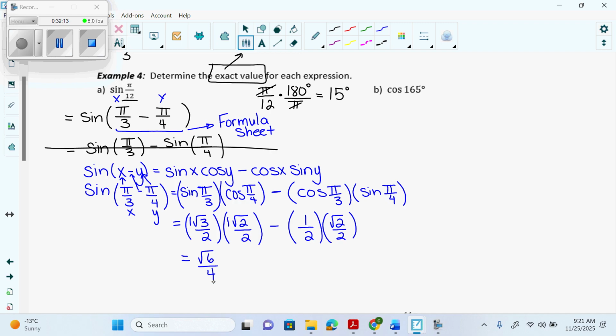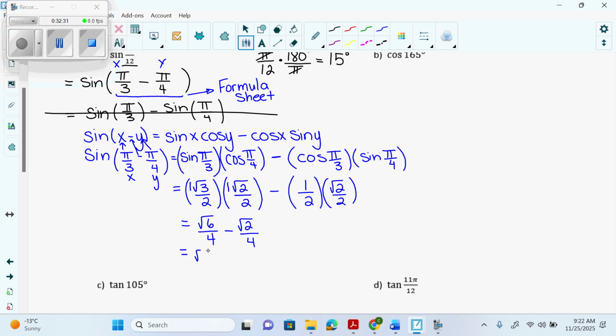Watch yourself. A lot of people will go 2 times 2 and write 2. It's just a common error. You know 2 times 2 is 4. I do it myself sometimes because you just write it out. And then 1 times root 2 is root 2 over 4. And now it's all over 4. So it's root 6 minus root 2 over 4.